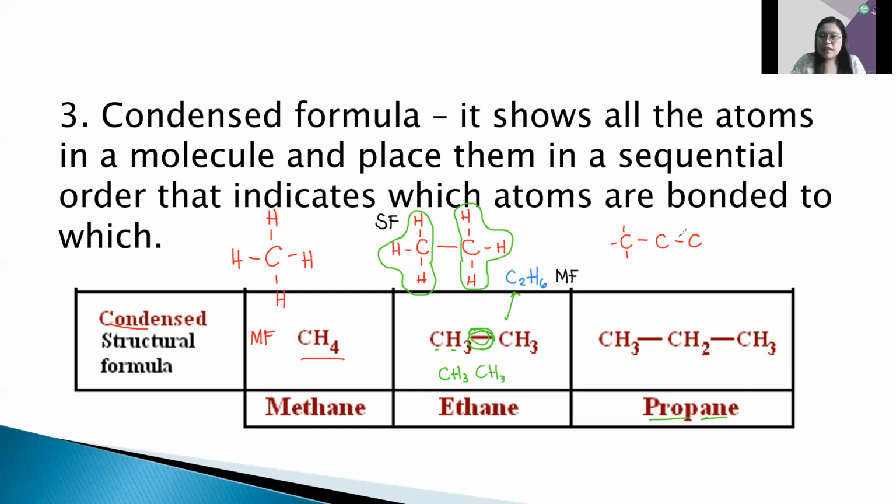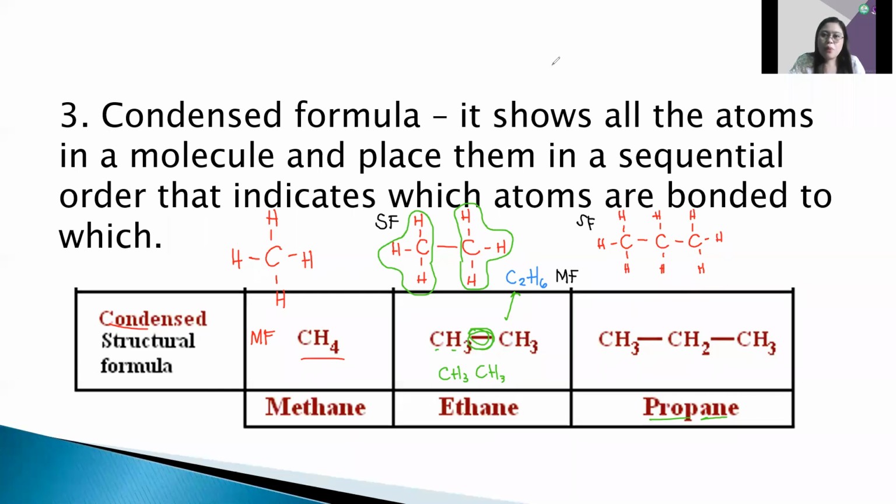So the one in the middle, since 2 bonds are already occupied, has 2 extra. And then we have here 3 for the carbon on the right side. And this will be filled up with hydrogen. So that is actually for organic compounds, everything will be filled up with hydrogen. So this now becomes the structural formula of our propane.